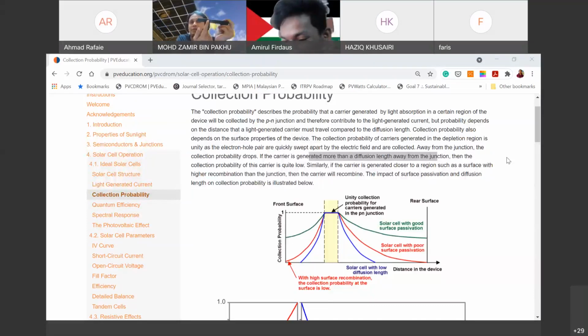But the diffusion length is probably like 3 micron, so they won't survive. They won't get to the PN junction because they are just too far away to begin with. I see. So can we make sure no carrier is generated outside the LE or LH range?